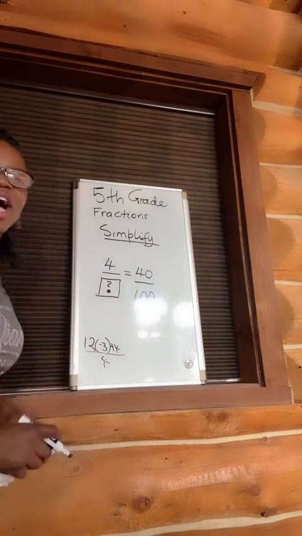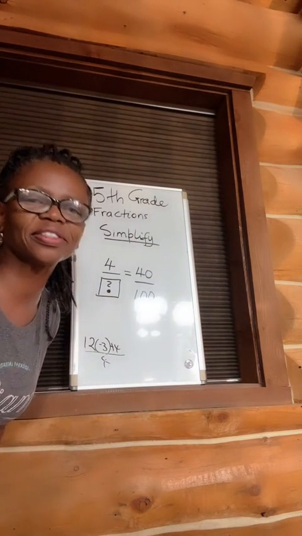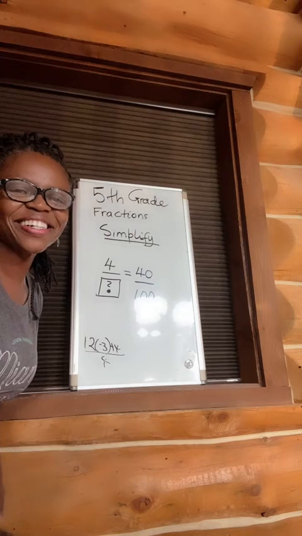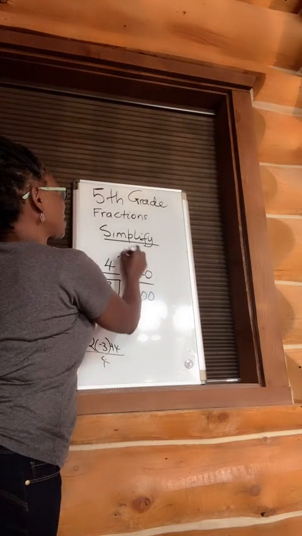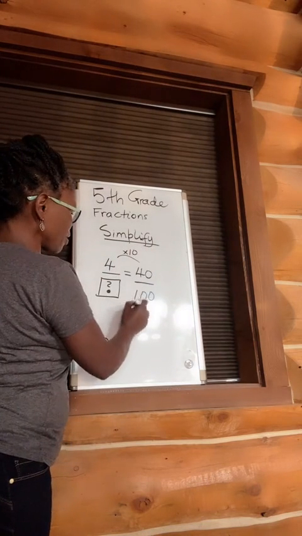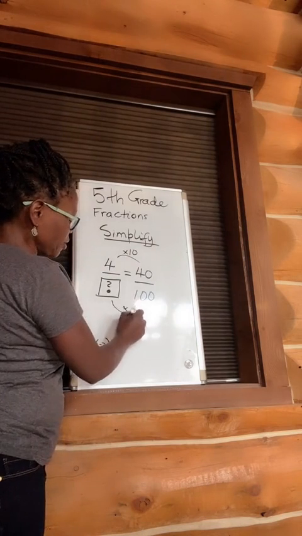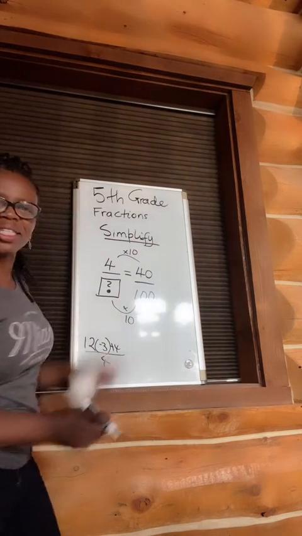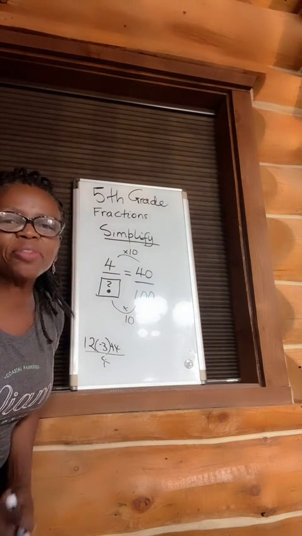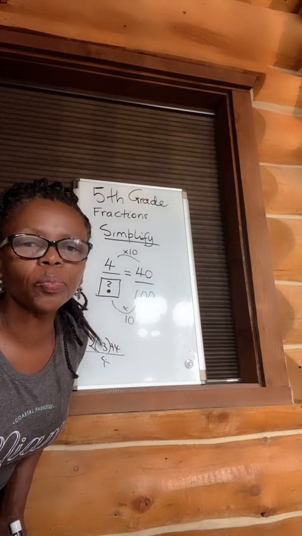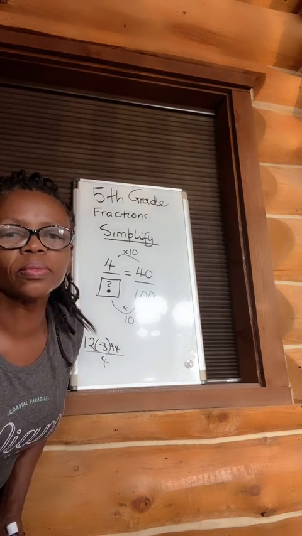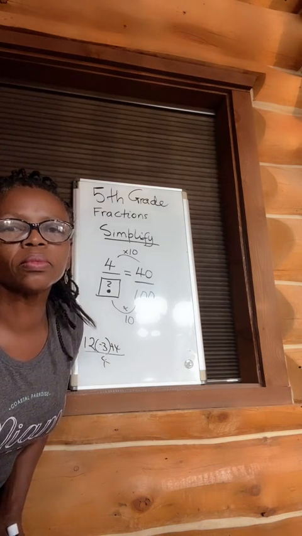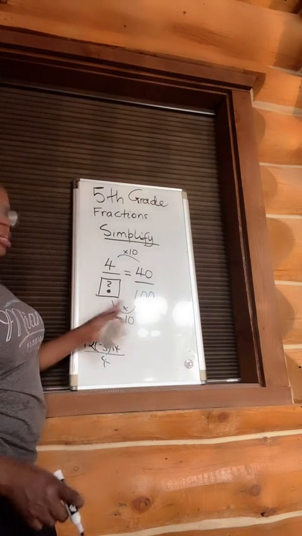Okay, let's figure this one out and then we will move on to something else. Somebody said multiply by 10. Yes, multiply by 10. Something multiplied by 10 is 100. What is it? Very good. Something multiplied by 10 is 10.